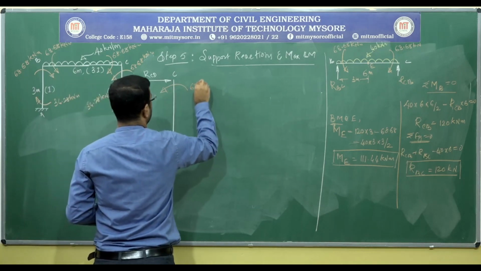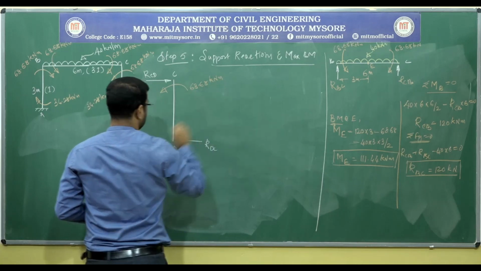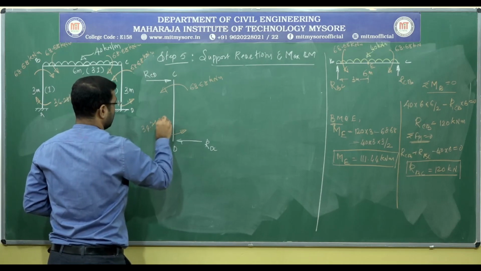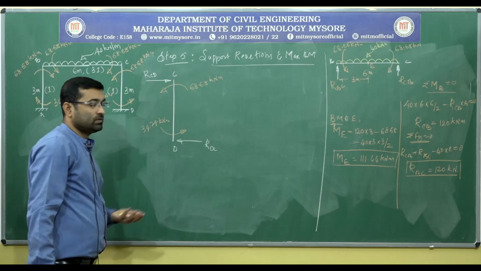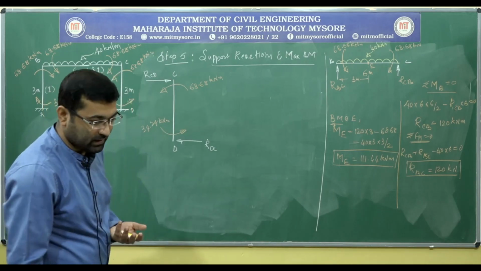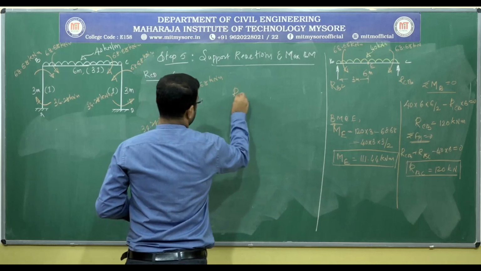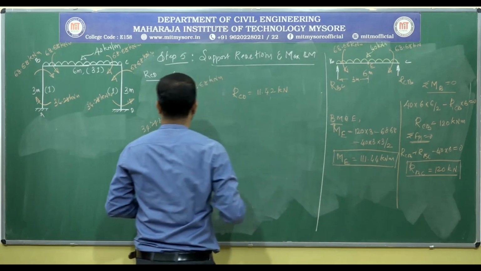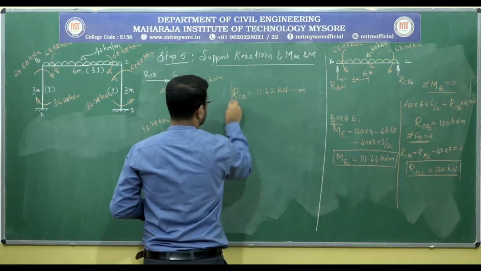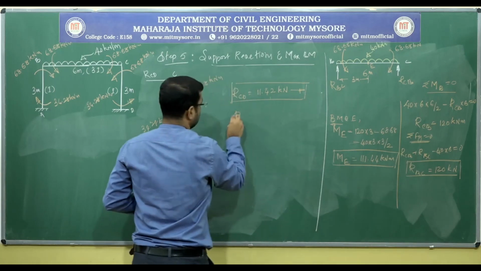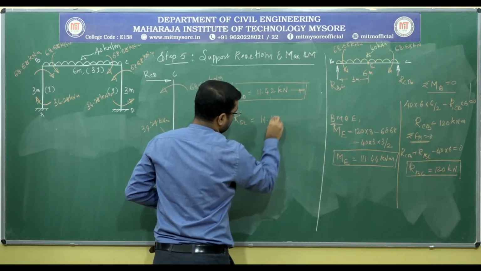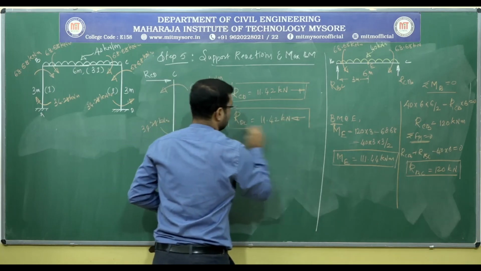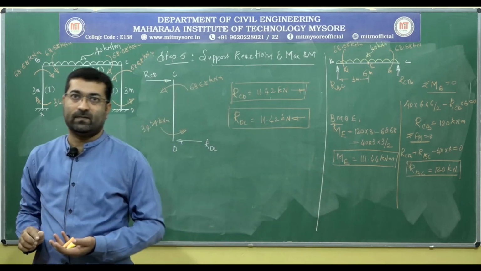One is 68.68 kilonewton meters. Another one is 34.28 kilonewton meters. So if you do this, you will get RCD as 11.42 kilonewton, which is acting towards the positive x-axis, and you will get RDC as the same 11.42 kilonewton, which is acting in the negative x direction. I hope you are able to do this, right?